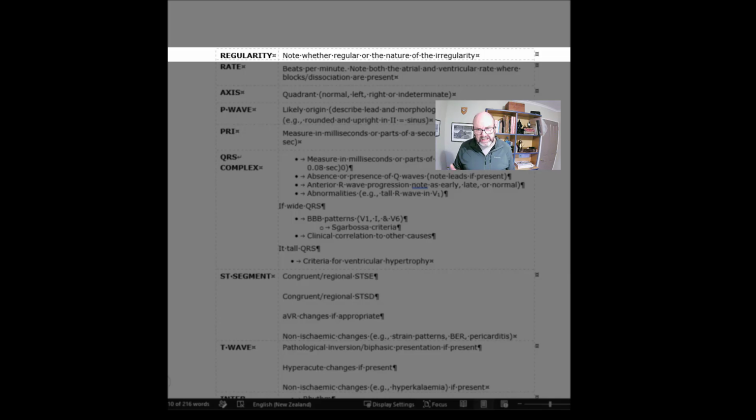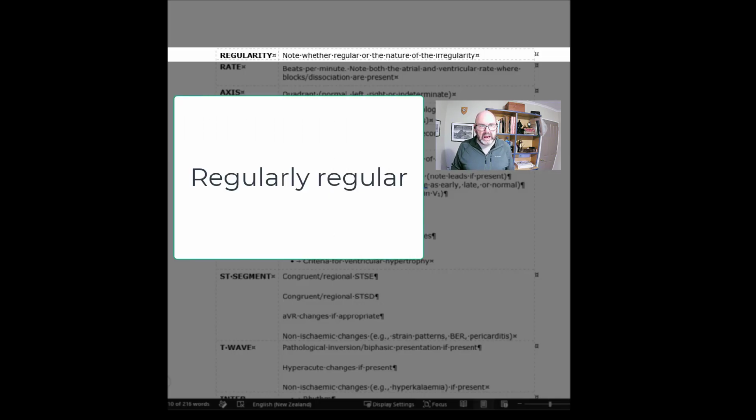But where irregularities occur, we also need to look at the P to P interval and the regularity of the PR interval. So there's three definitions that can be used to complete this section on the template. The first is you might describe a rhythm as being regularly regular.